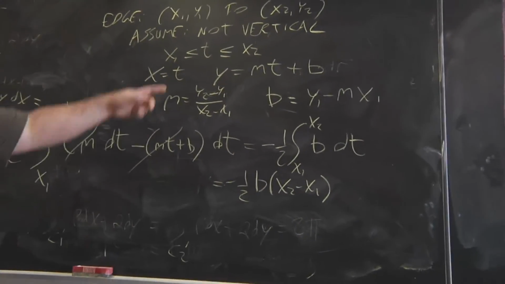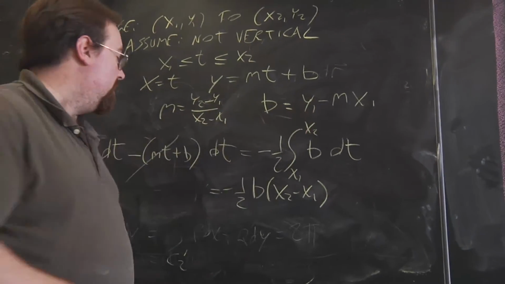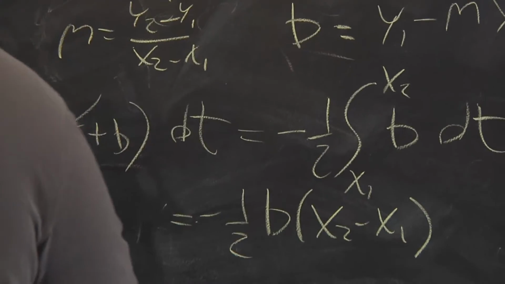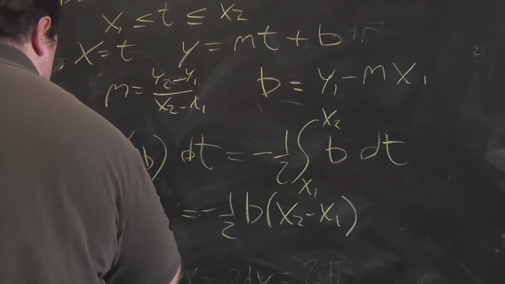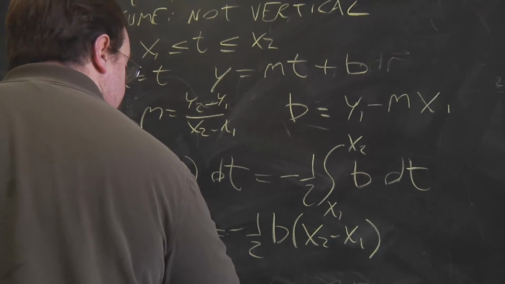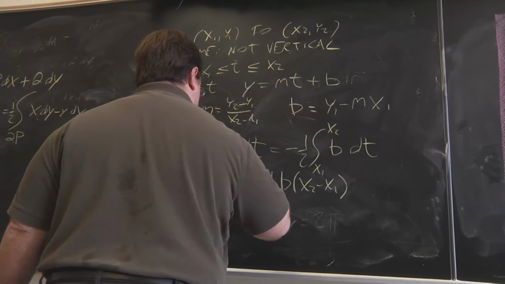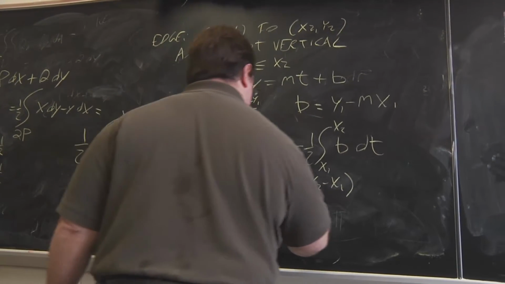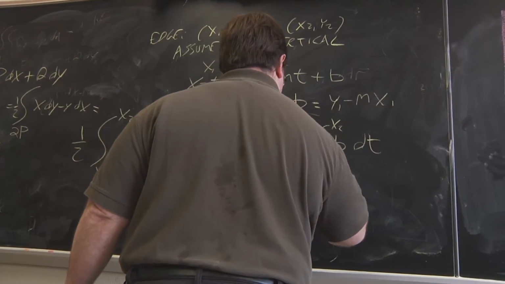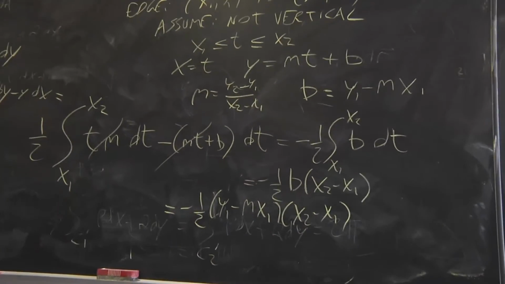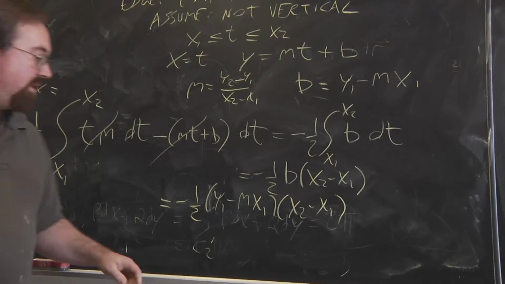And now we'll fill in what b is. So we have minus 1/2 (y1 minus m x1)(x2 minus x1).